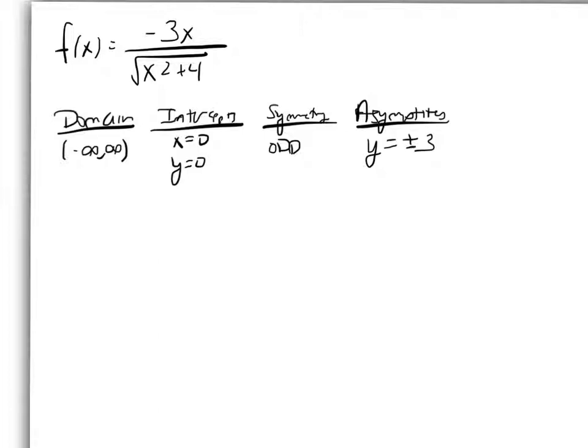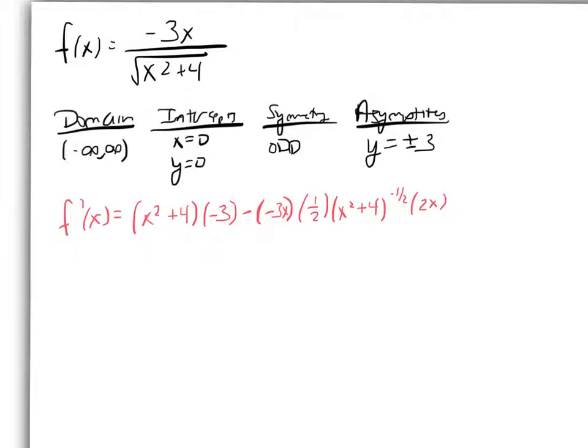So now we can take our first derivative. So f prime will be the denominator times the derivative of the numerator minus the numerator, and then here's our derivative of the denominator, all over the square of what's below.